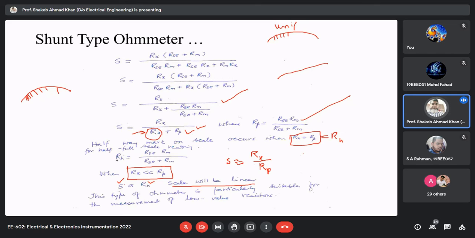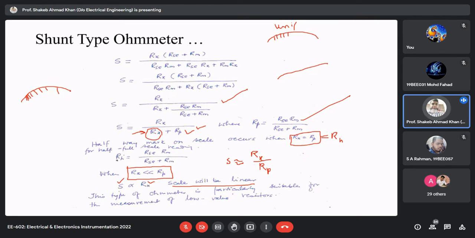With this approximation, we are able to draw one conclusion, that the meter current is directly proportional to the unknown resistance at the lower values.